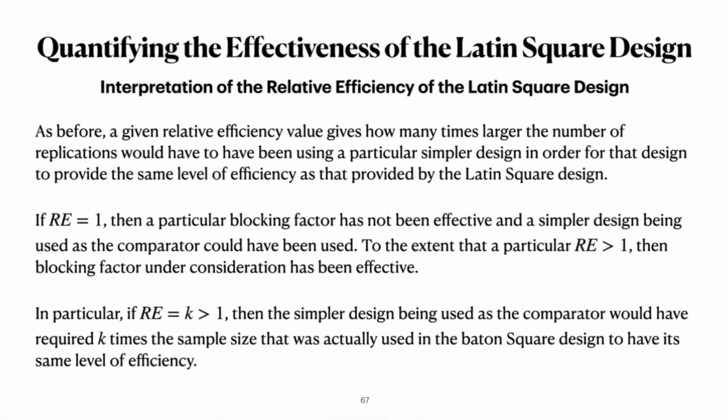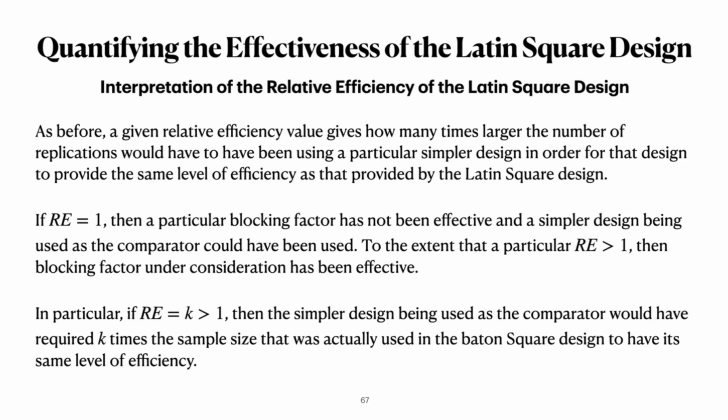Now, how do we interpret these values? As before, a given relative efficiency value gives how many times larger the number of replications would have to have been using a particular simpler design in order for that simpler design to provide the same level of efficiency as that provided by the more complicated design, in this case, the Latin square.